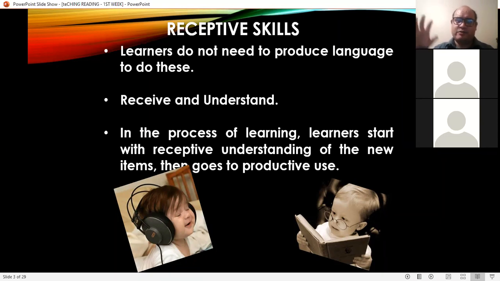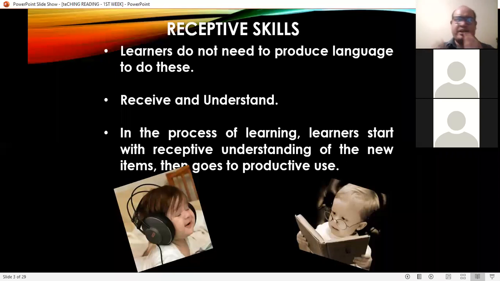All right. So that's why here it says something similar happens when you learn a second language or a foreign language. First, you start with the receptive understanding of the new items, the new language, the new codes, and then you go to the production of this language, of these codes.